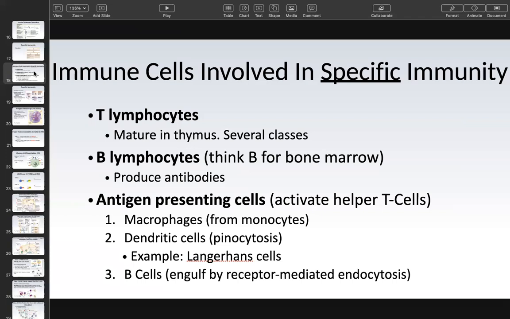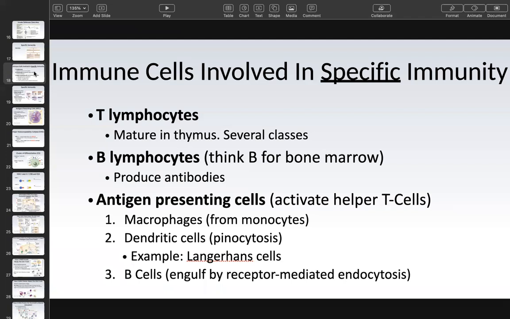They are monocytes when they are traveling in the bloodstream. When they leave the bloodstream to enter surrounding tissue, they are the same structure, they just take on a different name. And in that scenario, they're called macrophages. Your second main type of antigen presenting cells are your dendritic cells responsible for pinocytosis. So as opposed to phagocytosis, they will drink a little bit of that extracellular fluid.